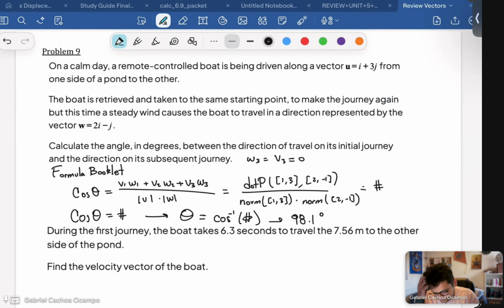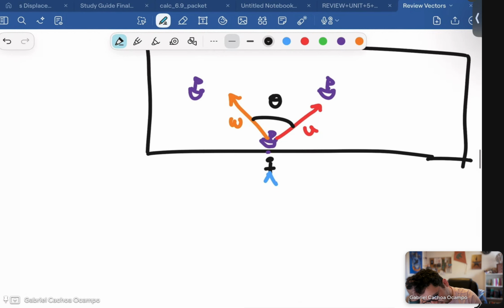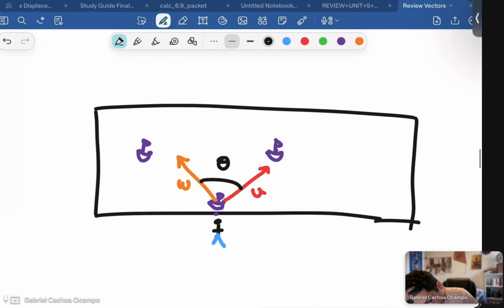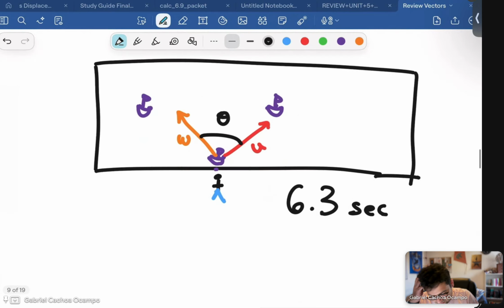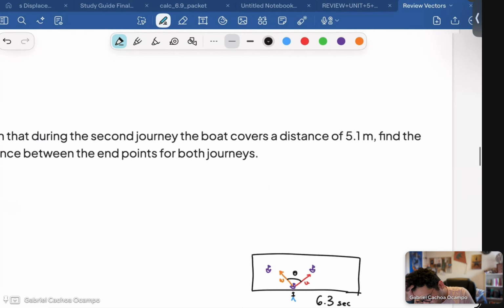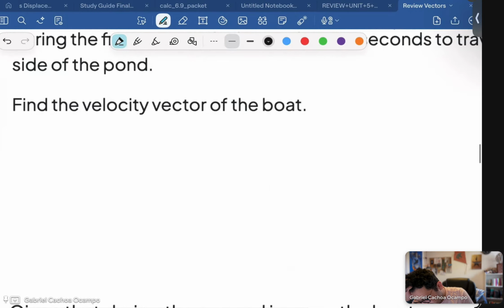Okay. Then the problem is telling you that during the first journey, the part u, the boat took 6.3 seconds to travel around 7.56 meters. And then it is asking you to tell me what is the velocity of the boat. But what is the velocity vector? The velocity tells you the direction and the magnitude.